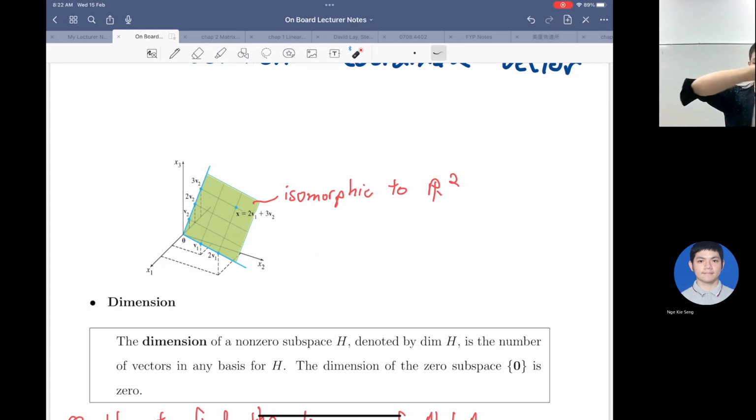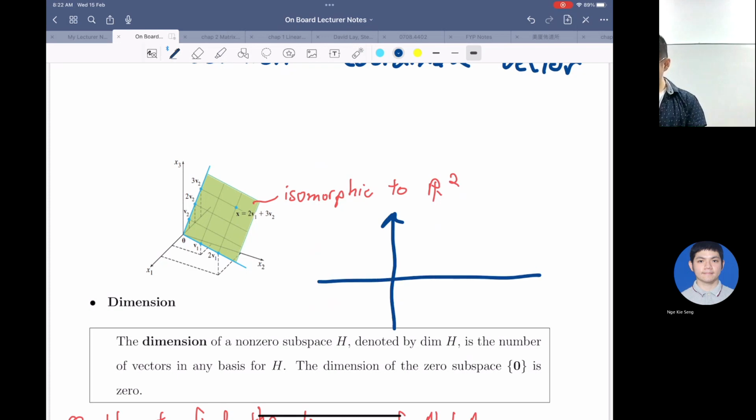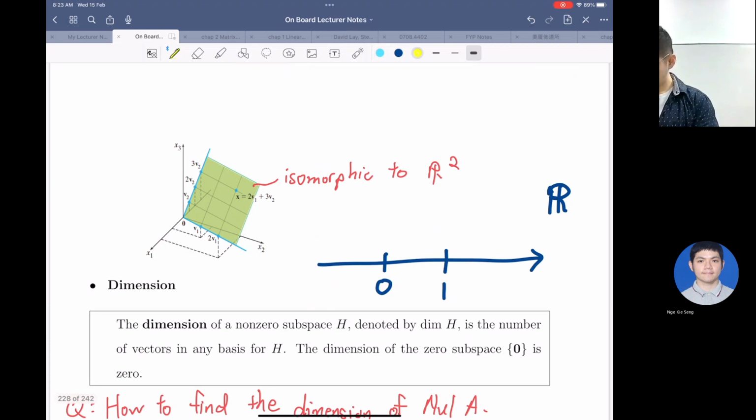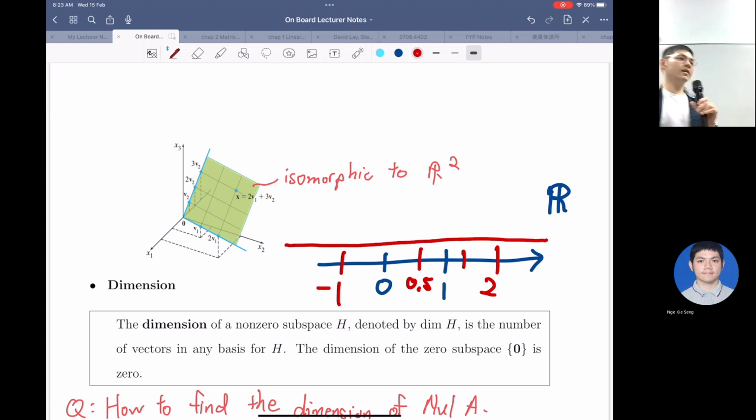So for example, if you have a vector 1 in R, and you look at the linear combinations of it, you can look at 2, 0.5, and then maybe -1, all the way, so you get a line.